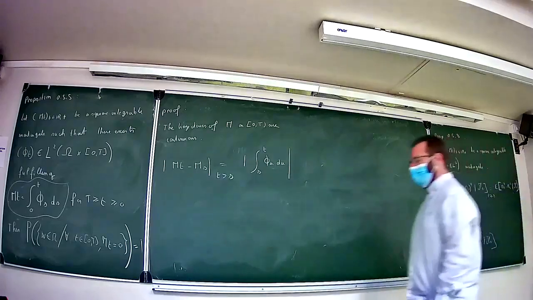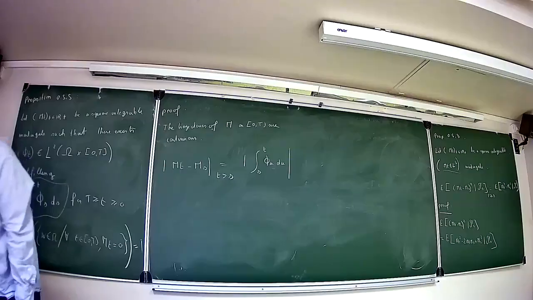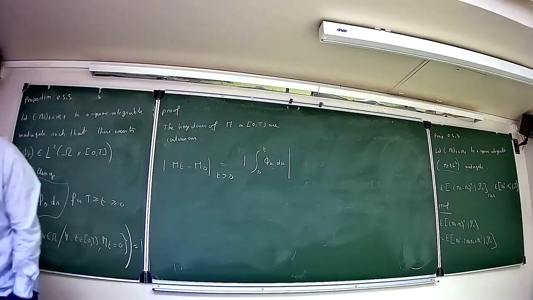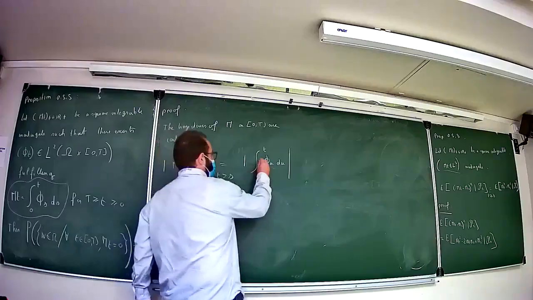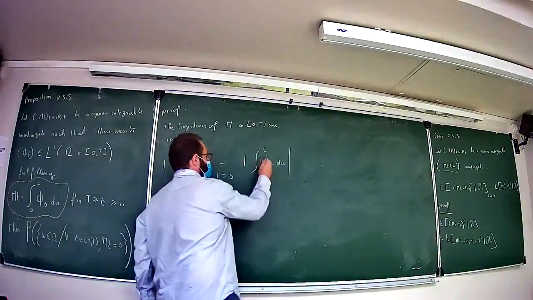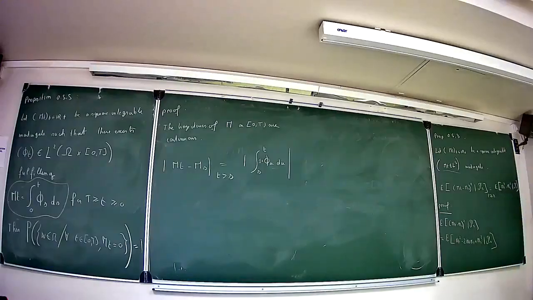So your idea is to use the Cauchy-Schwarz inequality. You can use it. It's not stochastic calculus. To apply the Cauchy-Schwarz inequality, I need to have the integral of the product.